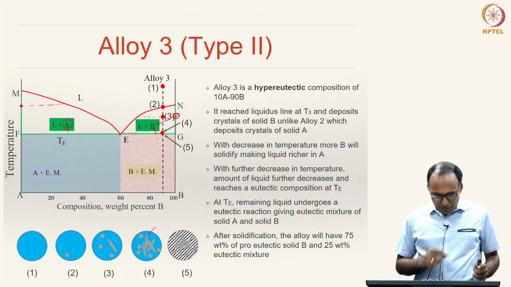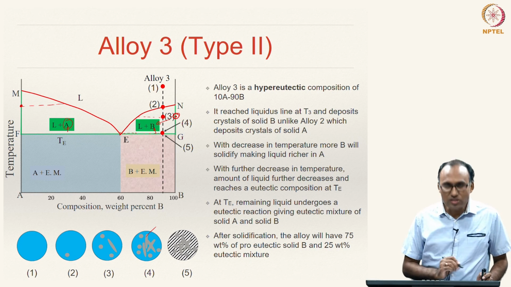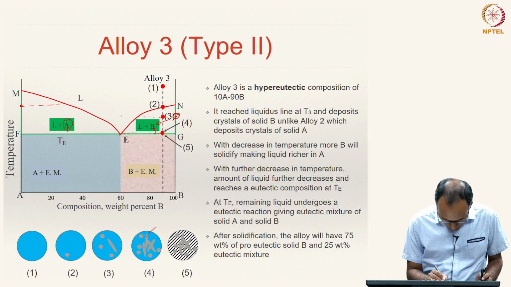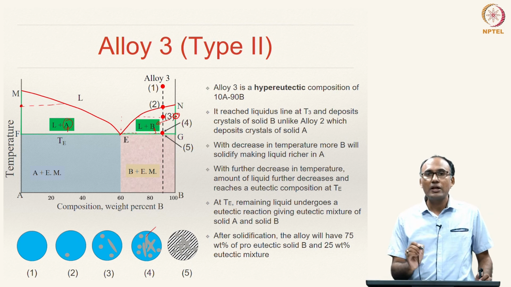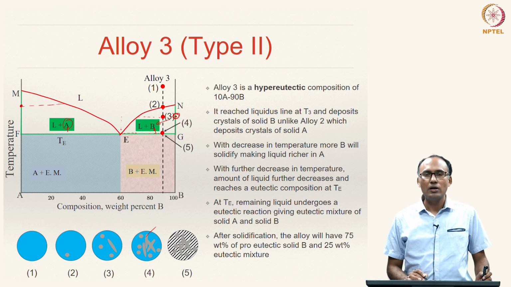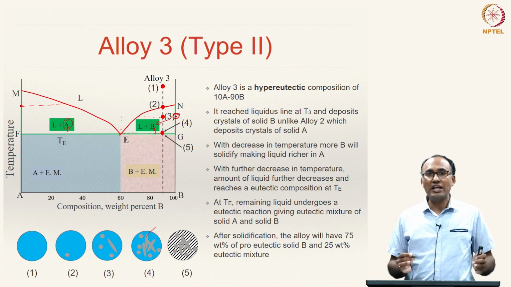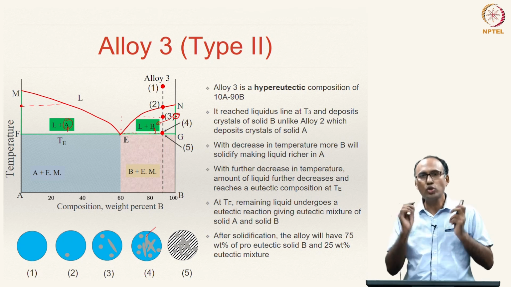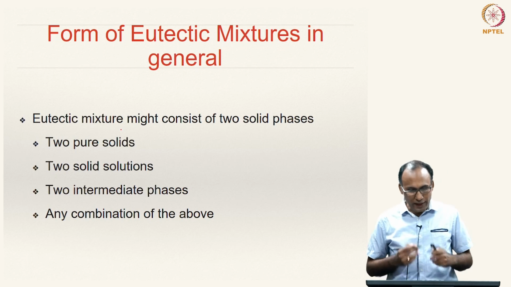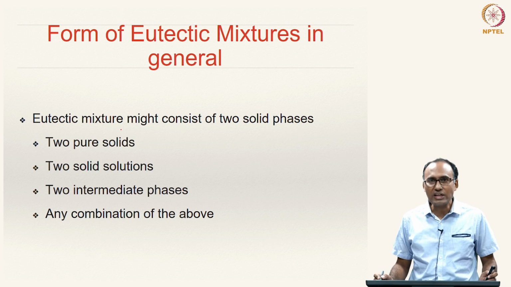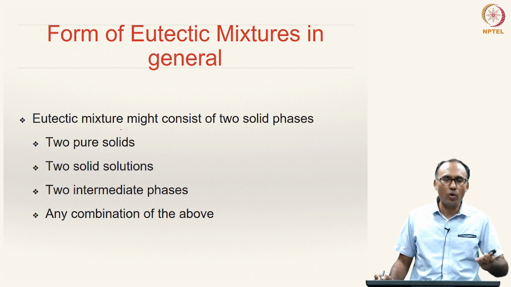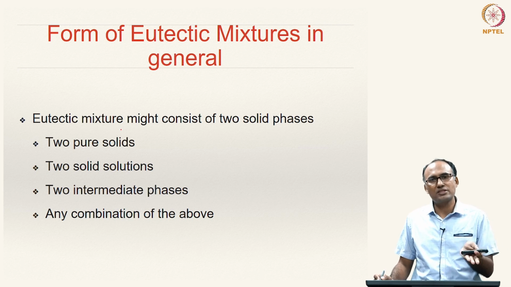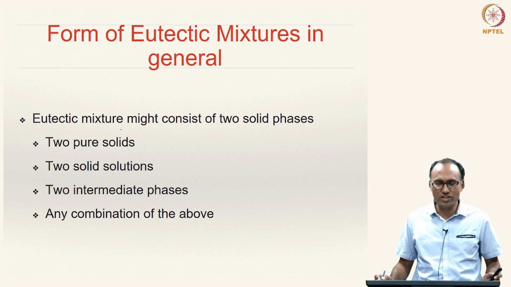So, when we have a liquid solution which is reaching eutectic composition, at the eutectic temperature it has to go through this eutectic reaction, and the liquid should transform to two solids, okay. And in general, eutectic mixtures, not only for type 2 alloys, you can also have eutectic mixtures where you have partial solubility in solid state and so on.